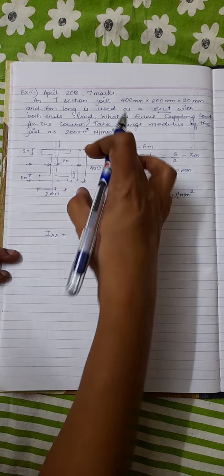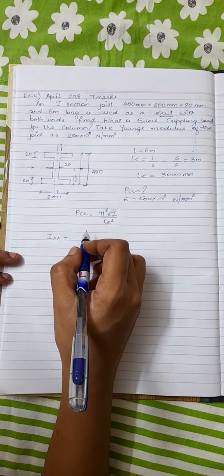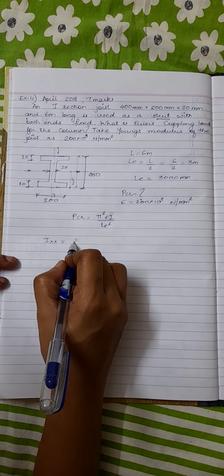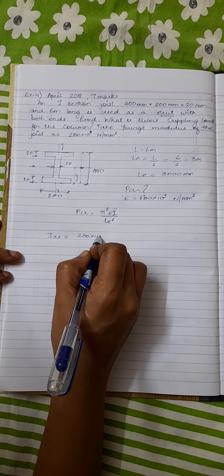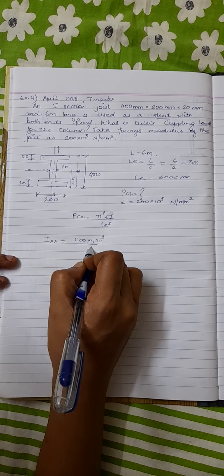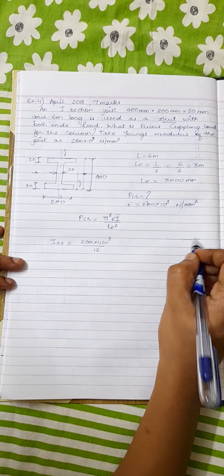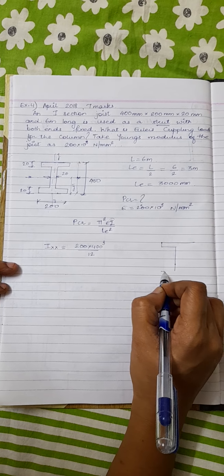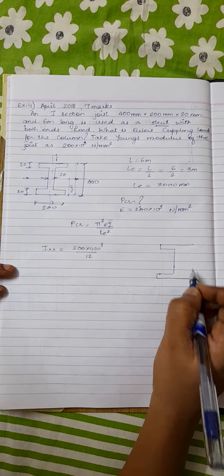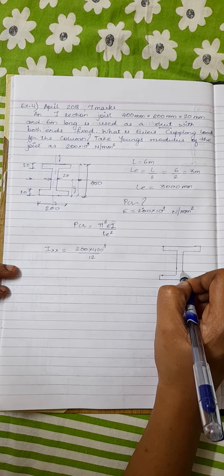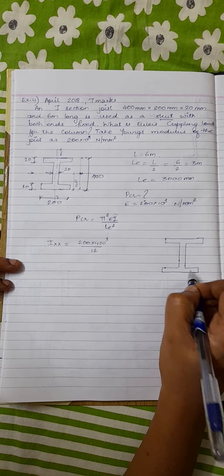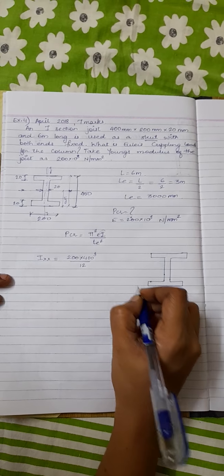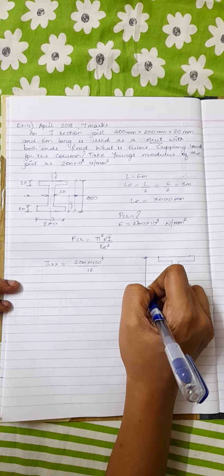So this is easy. 200 and 400, it's simple. BD cube by 12, 200 into 400 cube by 12. Look at this sketch. This is a very easy method when the I section is a symmetrical section.